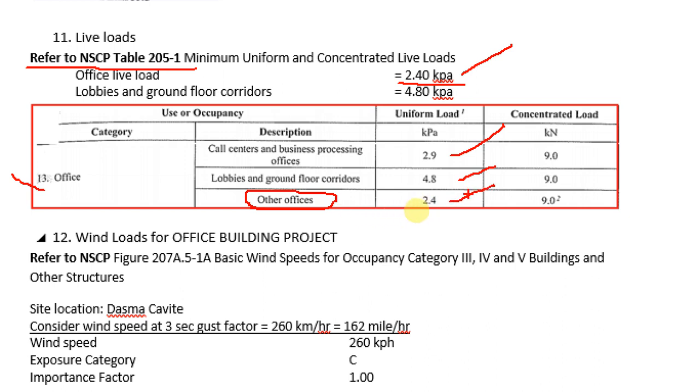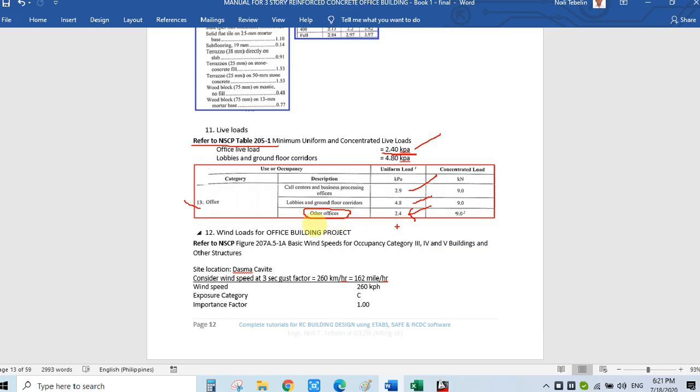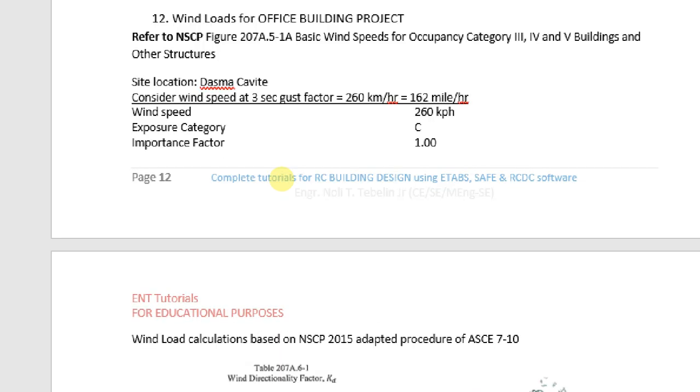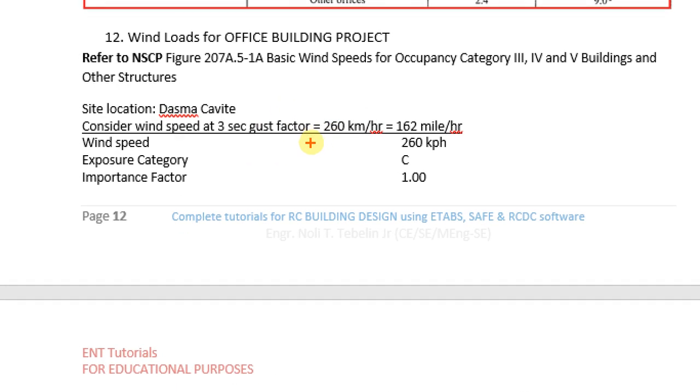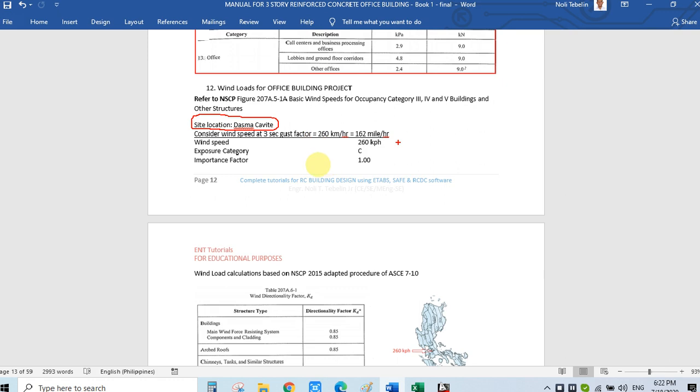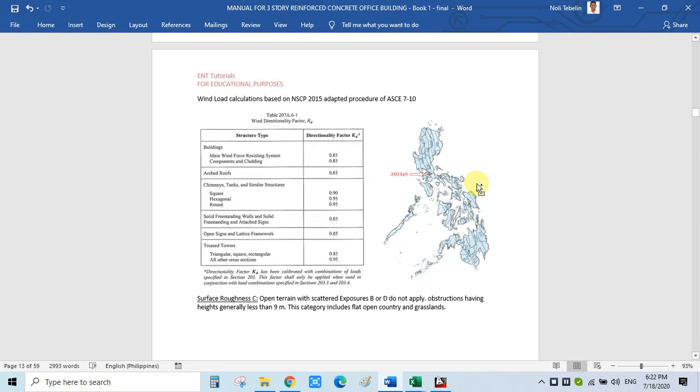Okay, then we will have a wind load for the office building project. So, for example, I have a location in Dasmariñas, Cavite, and from the map in the NSCP, ito yung map. Medyo blur lang yung picture ko dito. So, 260 kph yan.